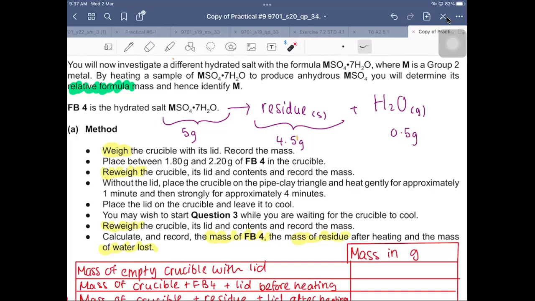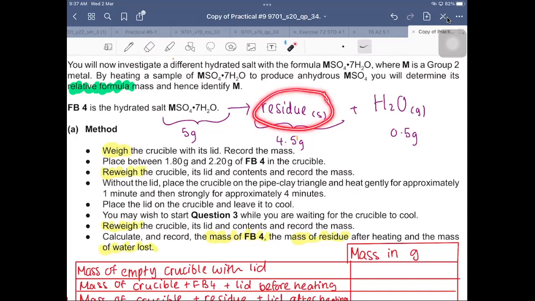So the reason for putting on the lid during cooling is not because we don't want H2O to escape, but instead we do not want water vapor from the environment to come in contact with our residue.